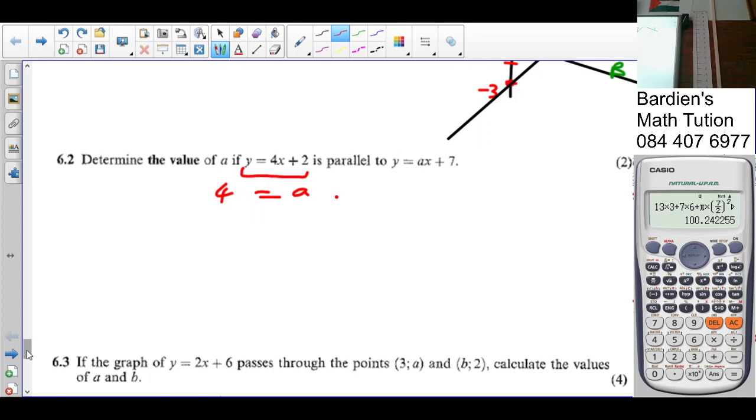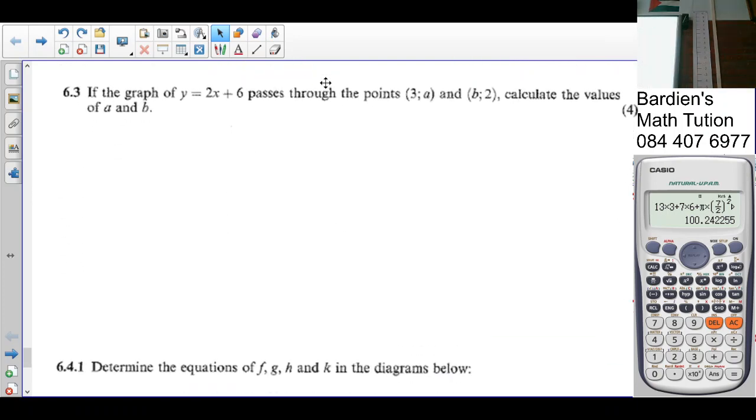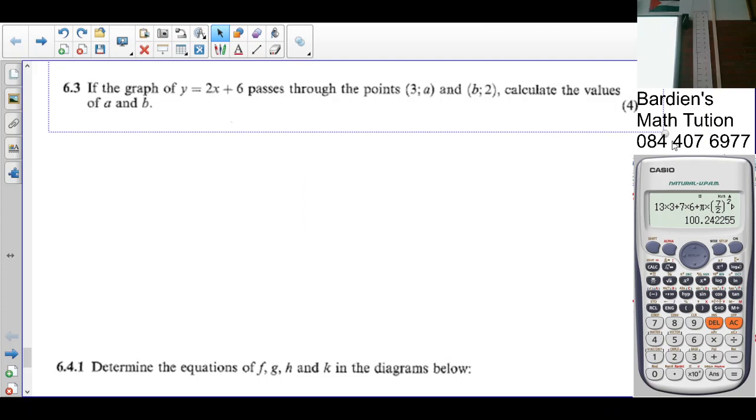No. I can't believe it. Not so, people. Lines are parallel, gradients are equal. Don't forget, no? When you walk down the corridor and you see the other grade 9 class, you ask them, what do we know if lines are parallel? They must tell you, the gradients are equal.